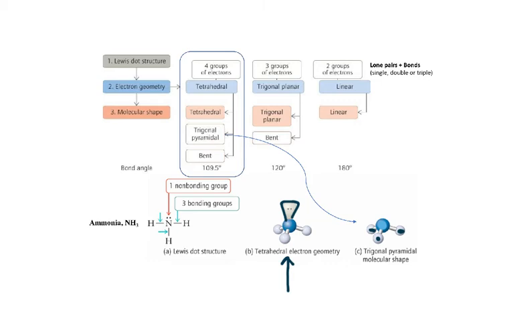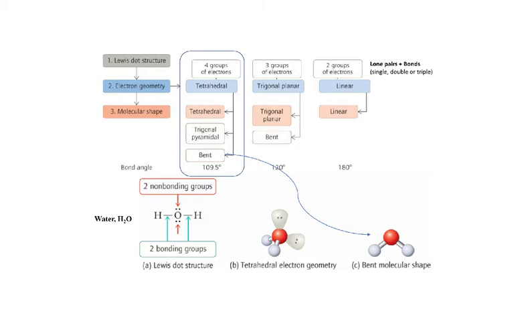Okay, continuing down, let's say we remove one more bond and we have four groups of electrons, but two bonding to two non-bonding, like water, for example. So the electron geometry, this whole group, they're still tetrahedral, but now two of those spots are taken up by simply electrons.